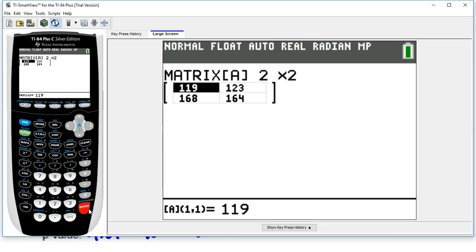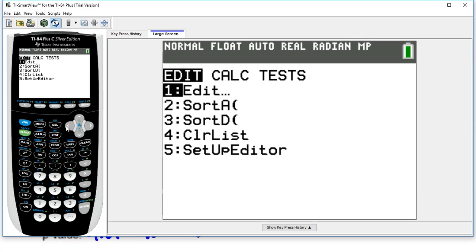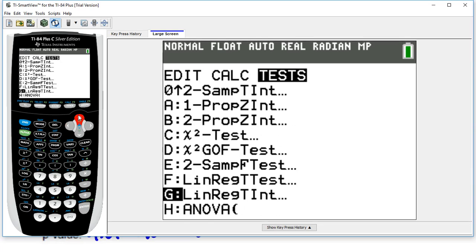So I'm going to change it to 2 by 2, and then I just fill in 38, 68, 203, and 150. And then I hit stat tests, chi-squared test. I don't have to touch anything. It will write over it for me.